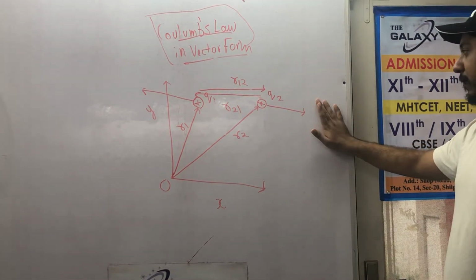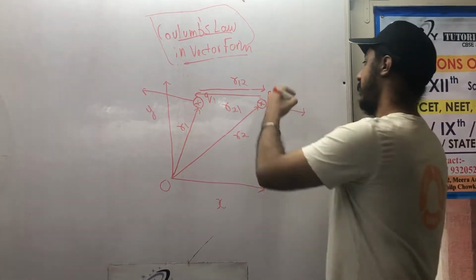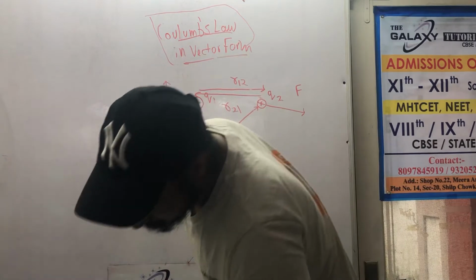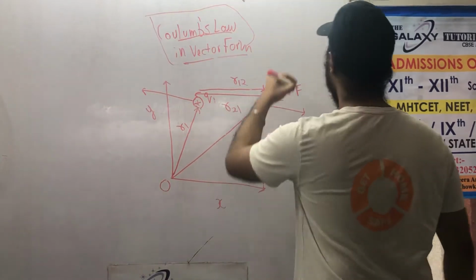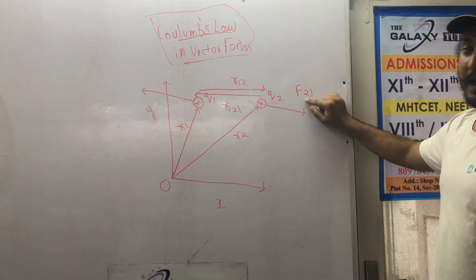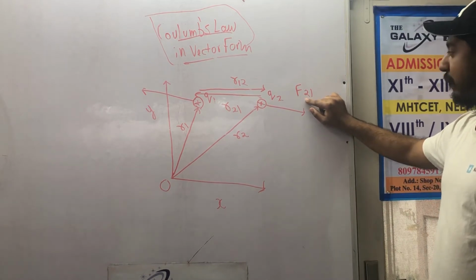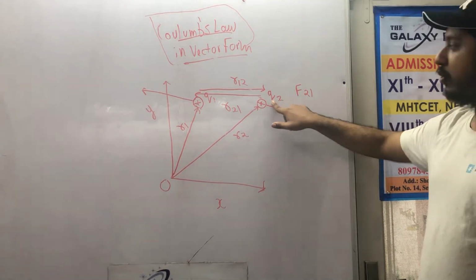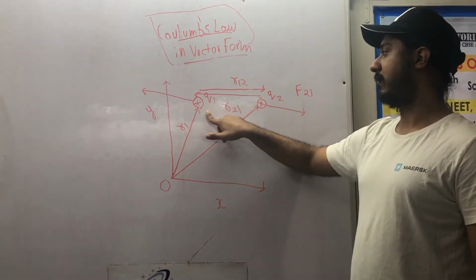Now I will use a notation here. I will write here F21. Okay, what does this mean? F21 means basically the force acting on charge 2 due to charge 1.